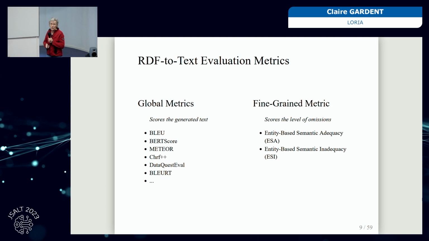It's a global metric in the sense it doesn't give any detail, it just says this text has that score. So instead here we have fine-grained metrics that tell us how much omission the model is actually producing. And we'll talk about 2 different metrics we introduced, entity-based semantic adequacy and entity-based semantic inadequacy.